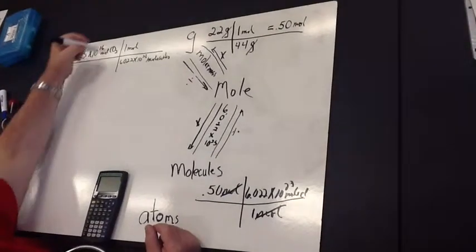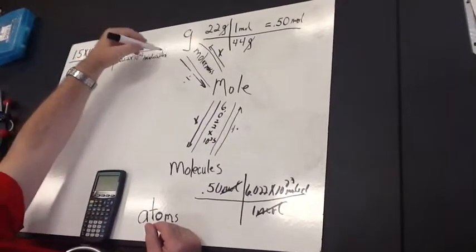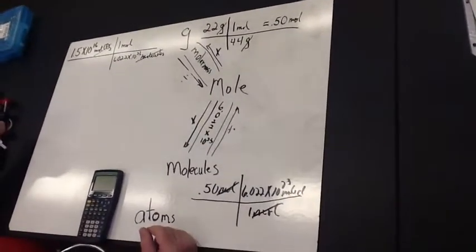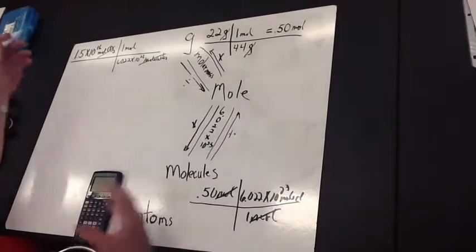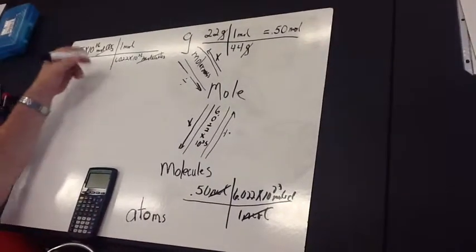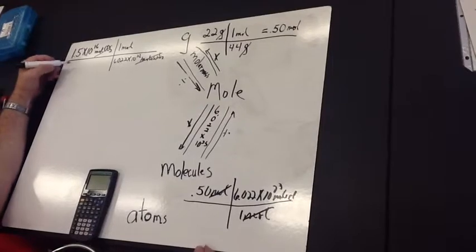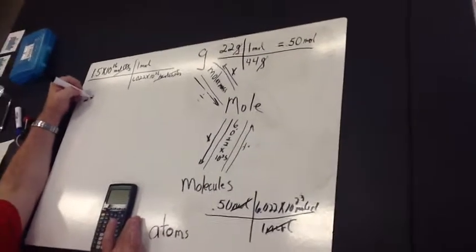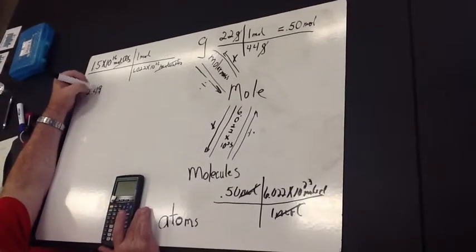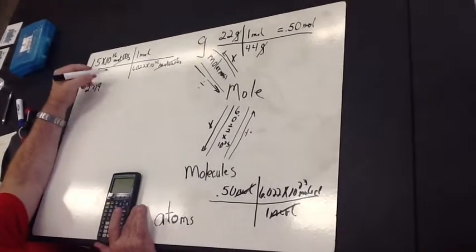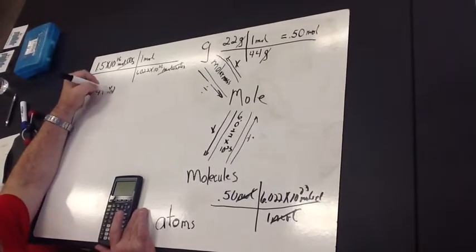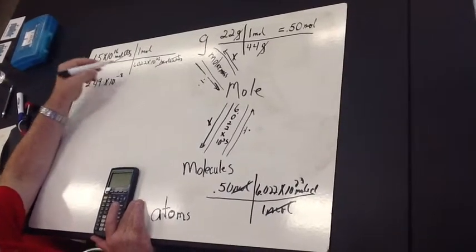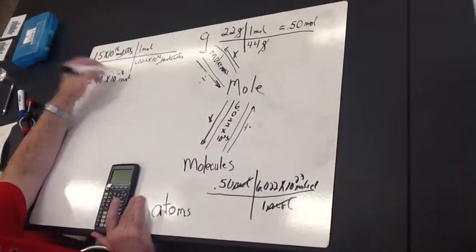Therefore, on the right-hand side, you're dividing. So now our molecules are out. We're left with moles. We do the division. Handy-dandy calculator tells us it's 2.49 times 10 to the minus 8 moles.